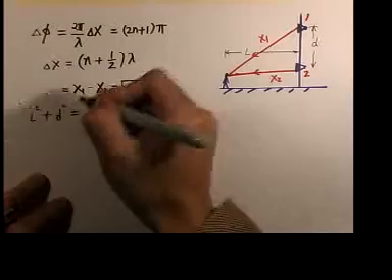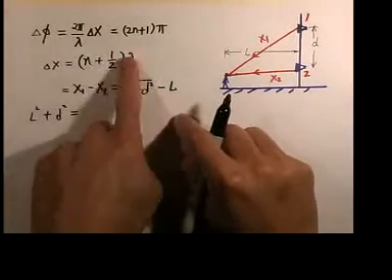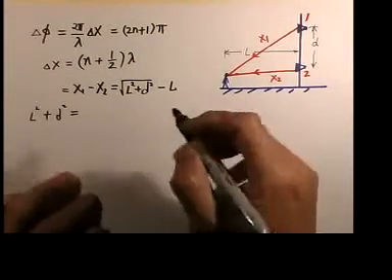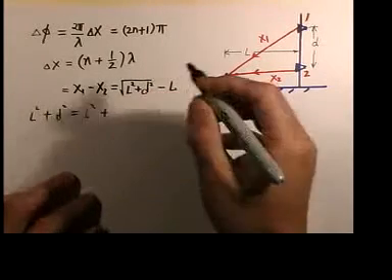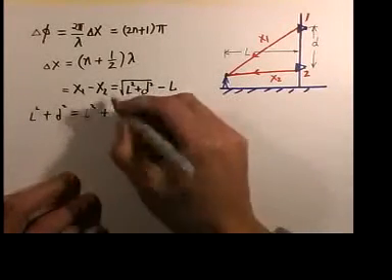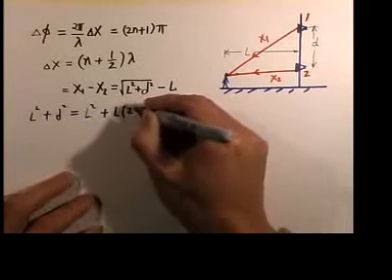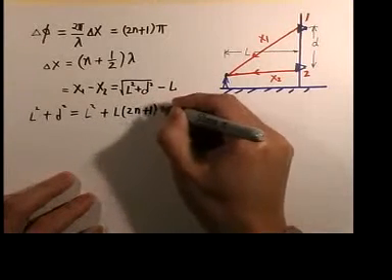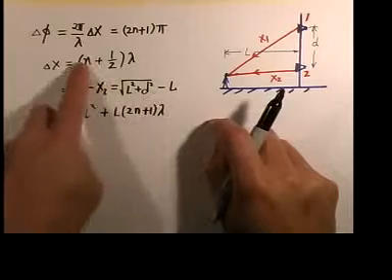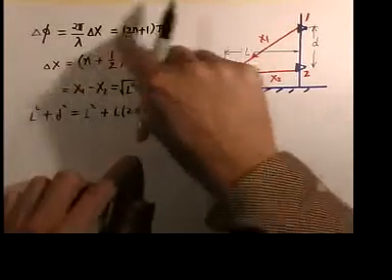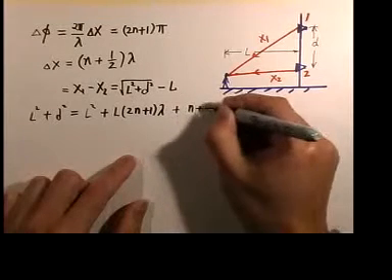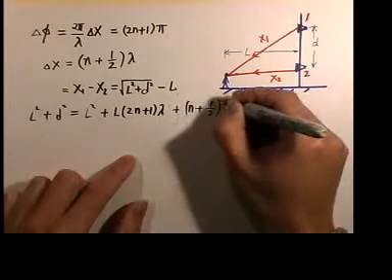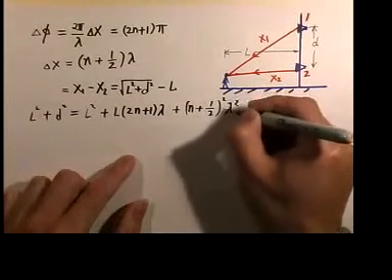What does that equal to? You move that L over there, and you took the square, so you get L squared, right? Plus the middle term is L times (2n plus 1) times lambda. Move that 2 inside, and then, of course, you have to square that term as well. So the next term is (n plus 1/2) squared lambda squared.